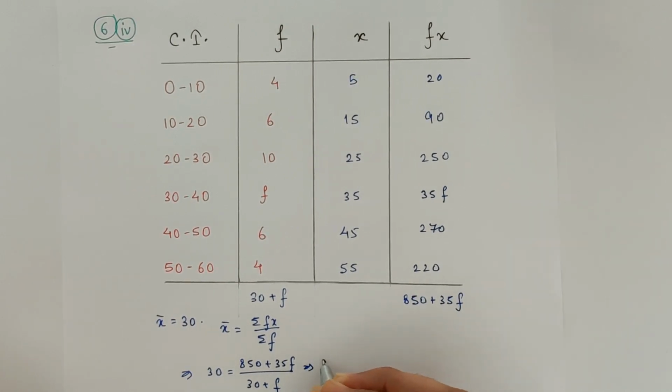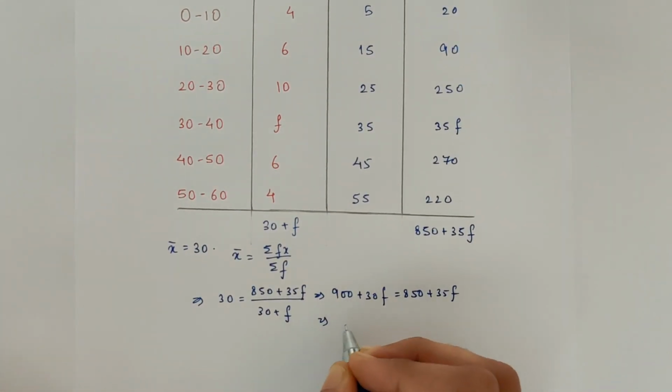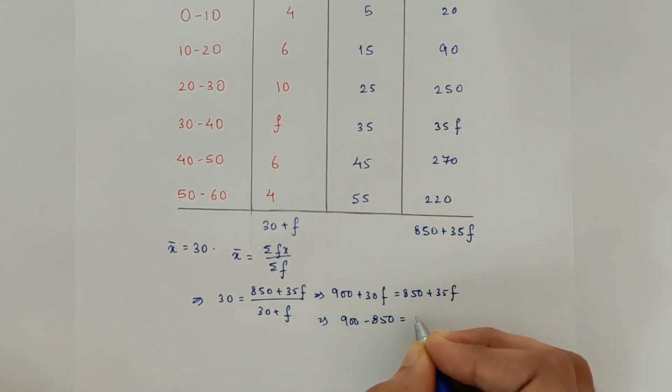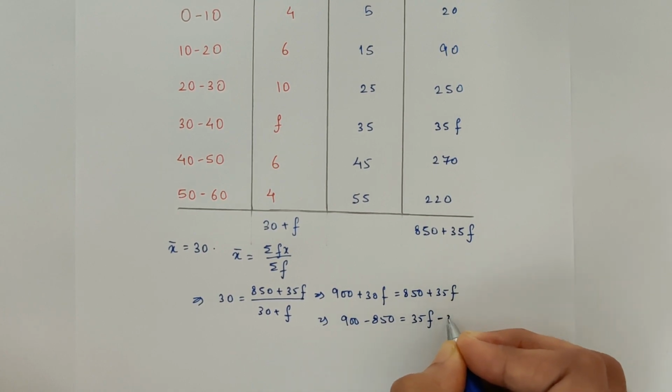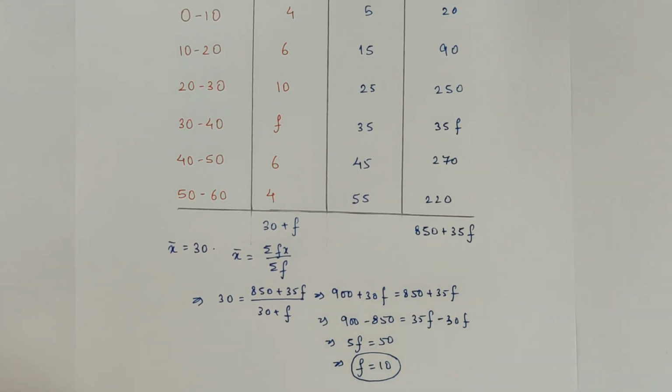We will get 900 plus 30f is equal to 850 plus 35f. So we will get 900 minus 850 is equal to 35f minus 30f. So we will have 5f equal to 50. Therefore f is equal to 10. So this is the answer, that f is equal to 10.